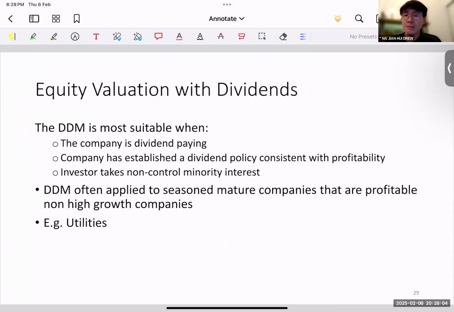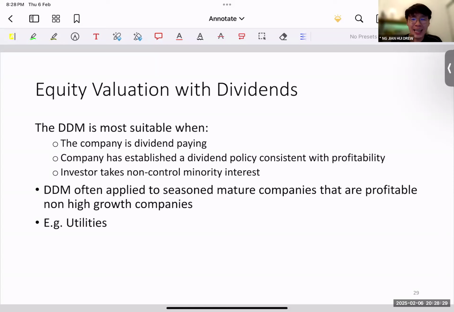Okay. But so far we have now covered everything about the discount rate, and I hope we can appreciate how complex it is to just do the discount rate, whether it's the cost of capital or cost of equity. Even for the cost of capital, we talked about the tax thing.